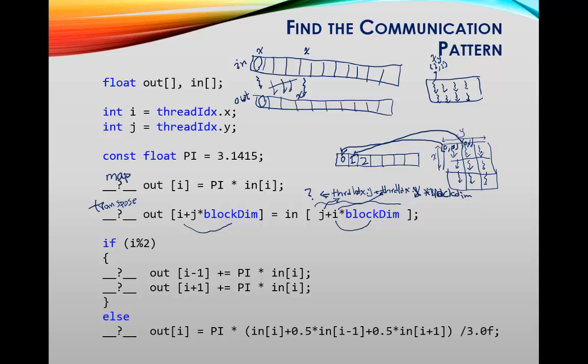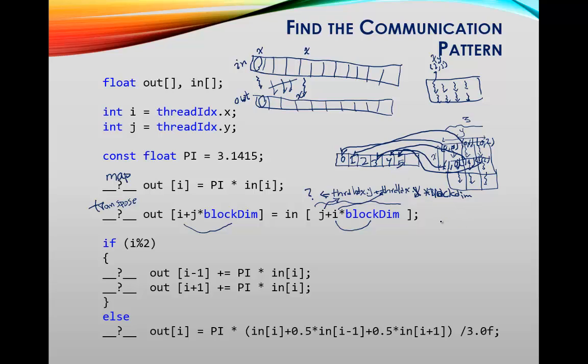And also, so this is going to be element 0, 2. Now, since I have block dimension 3 here, the element 1 comma 0 is going to be element number 3. Element 1 comma 1 is going to be element number 4. And 1 comma 2 is going to be element number 5. Okay, so that's my input side of things.